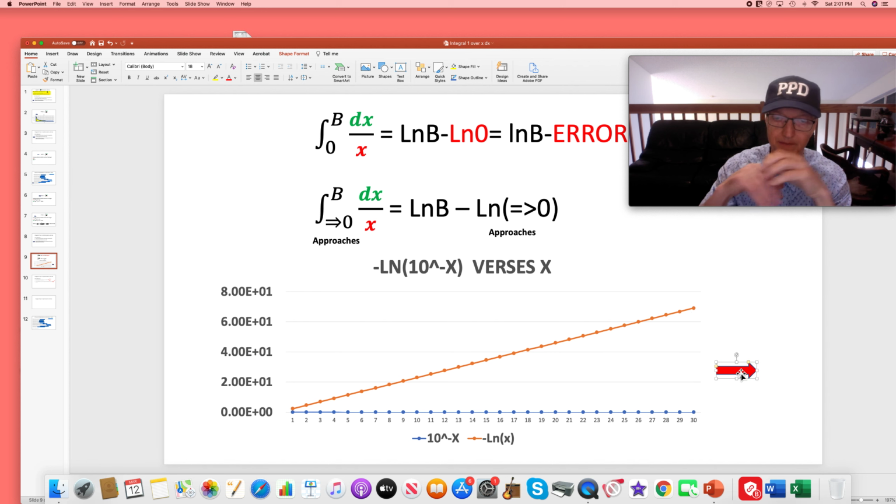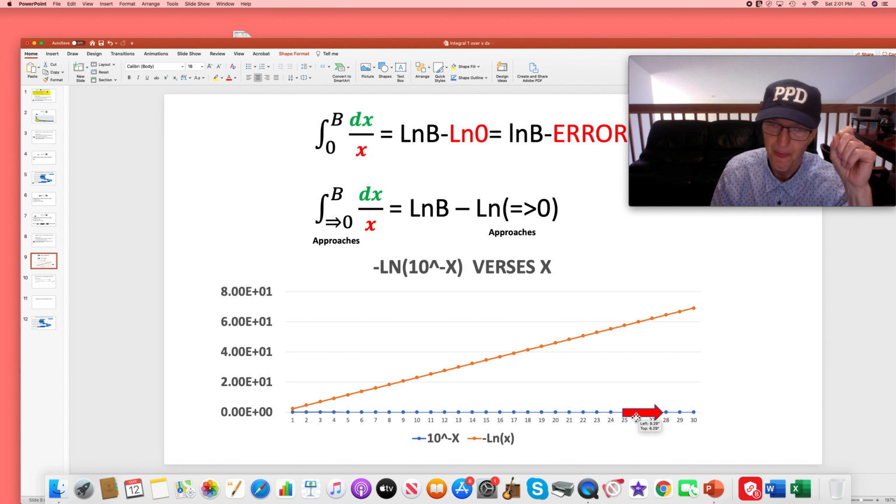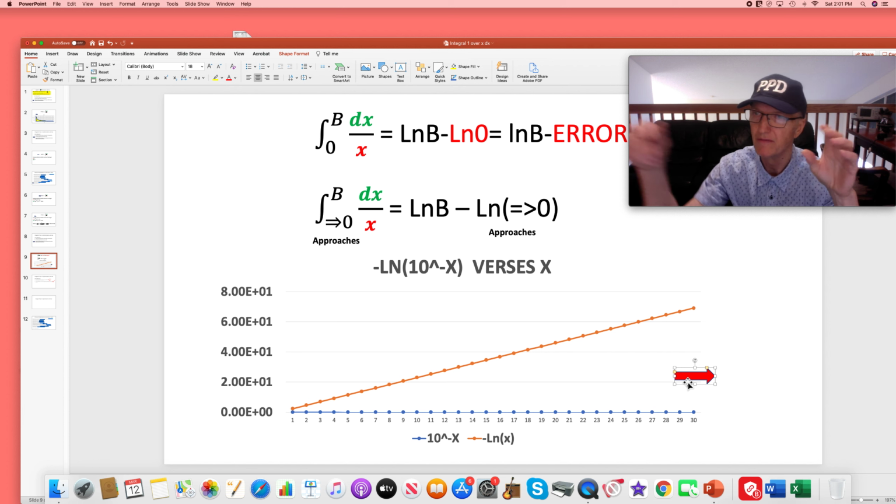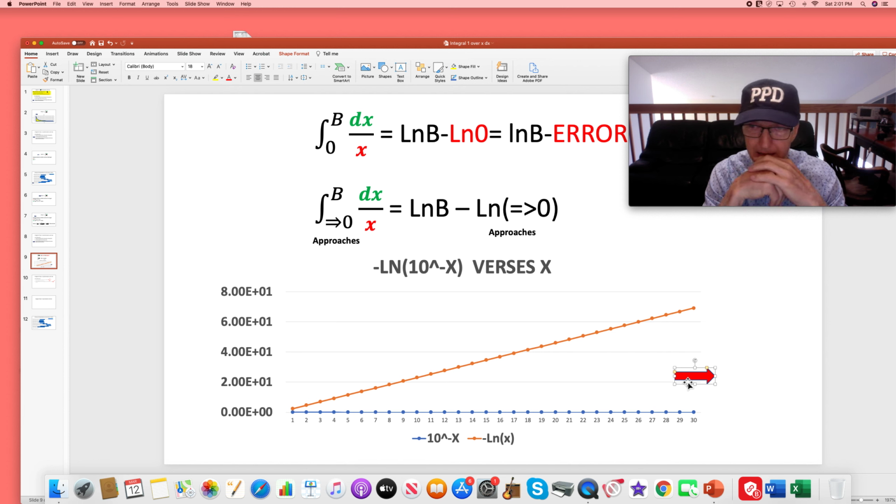gets so small, in this case 10 to the minus 30. That's a decimal point with 30 zeros, a very, very small number.